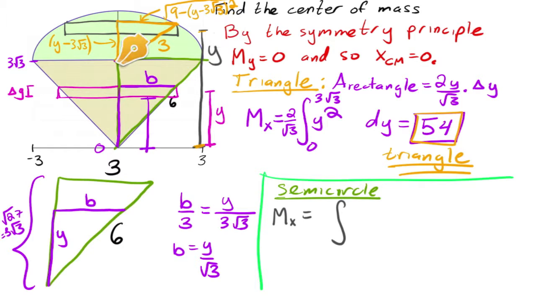But anyways, that gives me half of the width of the rectangle. So the length is going to be twice that. So I'm going to have 2 times the square root of 9 minus y minus 3 root 3 squared, and then dy.